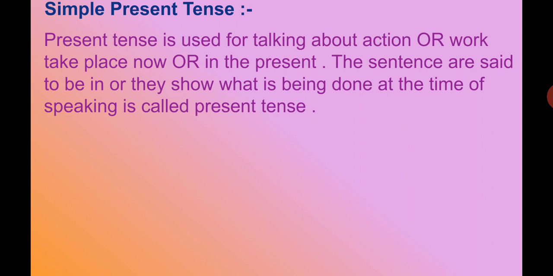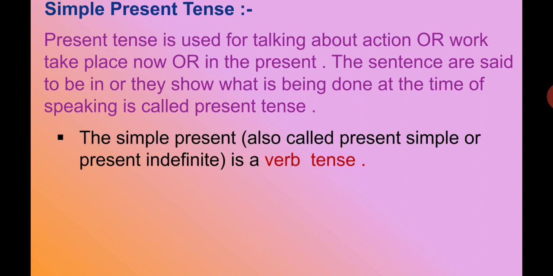The action takes place now or in the present time. It is called the present tense. The simple present tense is also called the present simple or present indefinite tense.